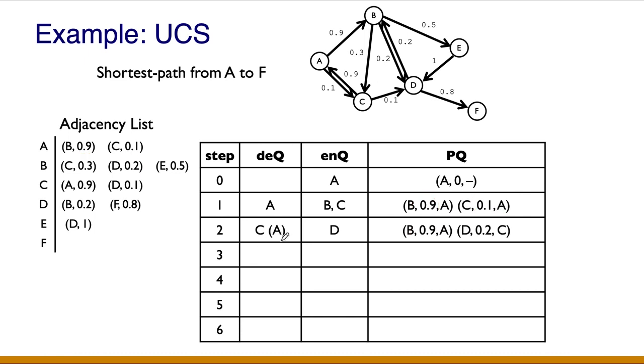Here you see that we record what is the previous node leading to the node C. From C, you can see that we can go to both A and D, but A has been DQ'd already. For any node that has been DQ'd already, we will not insert it a second time, because the moment you DQ a node, it means that you have already discovered the shortest distance to traverse to that particular node. So the DQ'd node, we should always remove that.